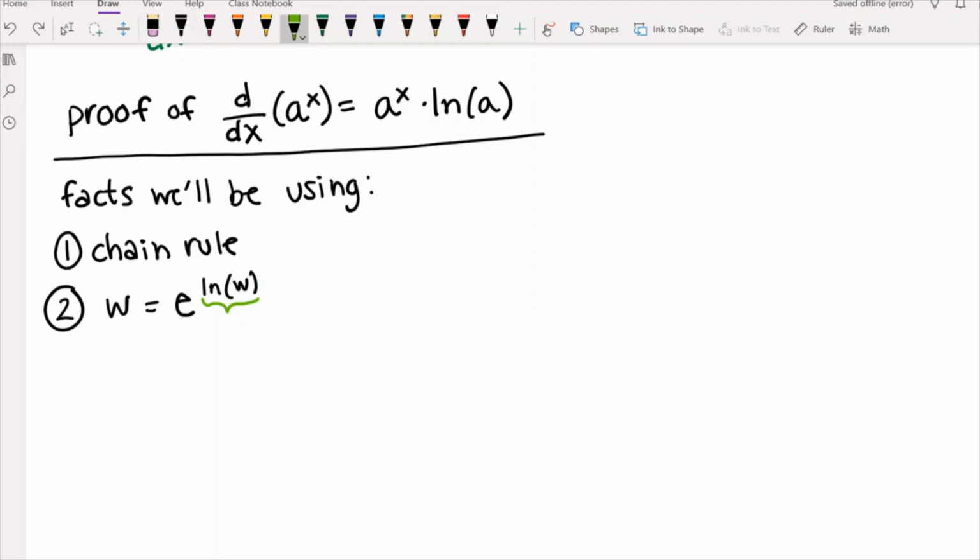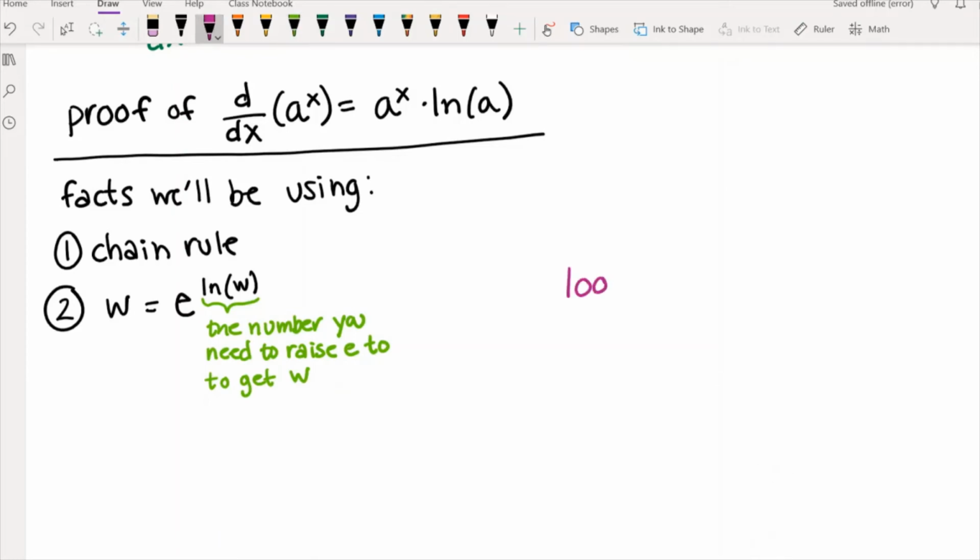So ln of w is literally the number you would need to raise e to in order to get w. I know that's kind of a confusing sentence, but maybe just a quick side example.